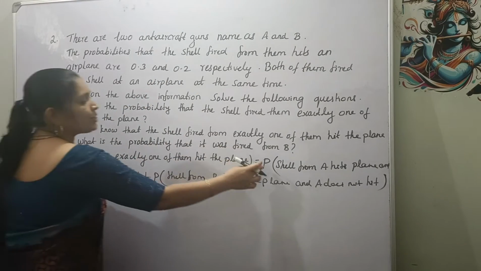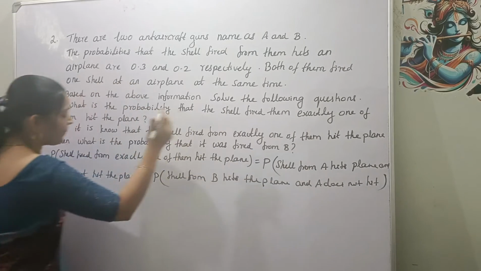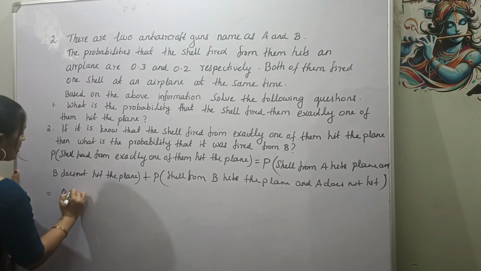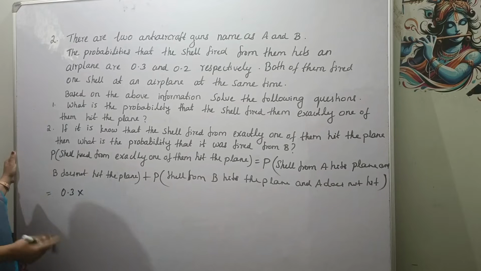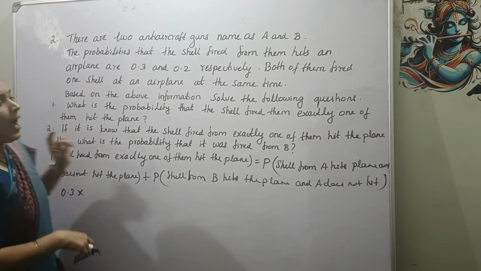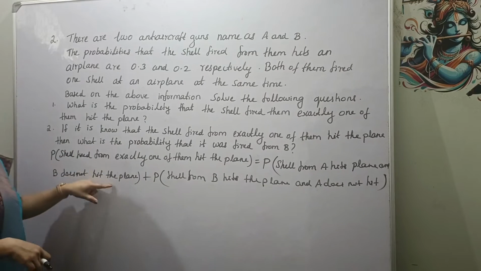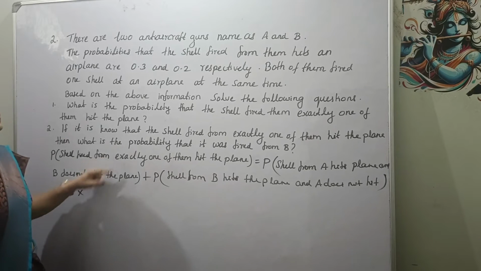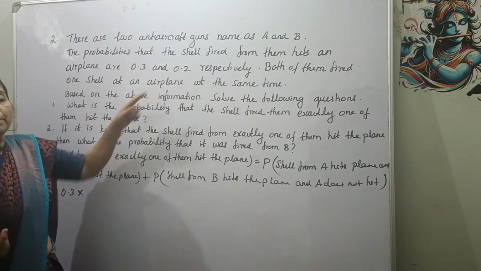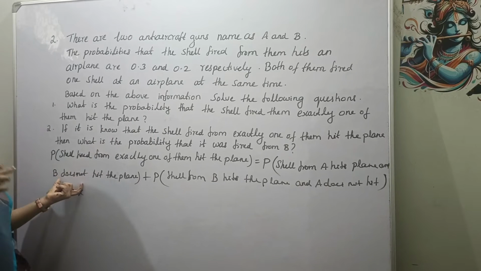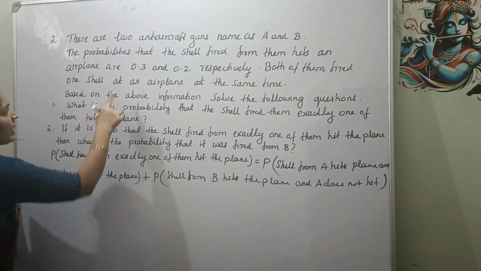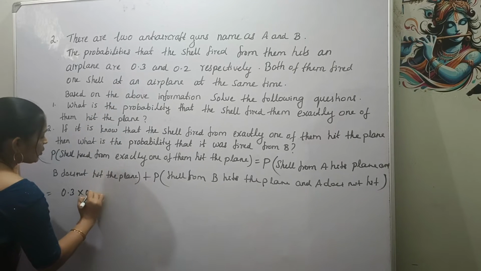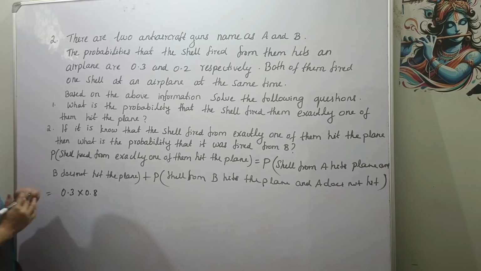So here, probability of shell from A hits the plane is 0.3 into, because it is and, right? And B does not hit the plane. Here we have probability of B hits the plane is 0.2. The probability of B does not hit the plane means 1 minus probability of B, that is 1 minus 0.2, that is 0.8, right?